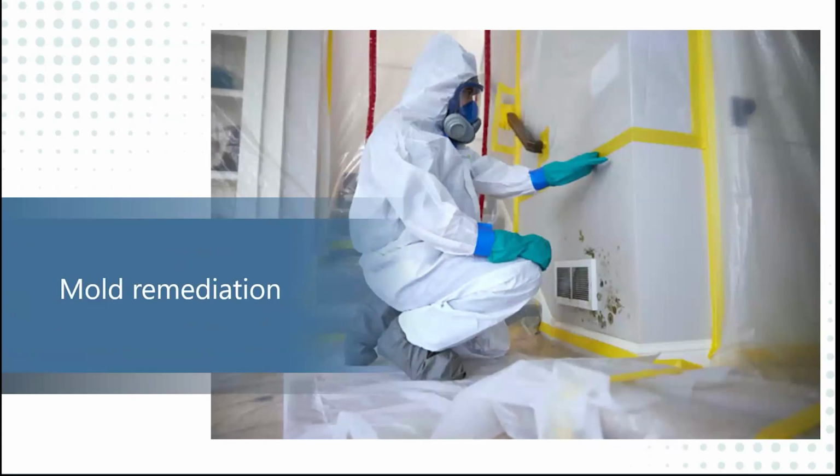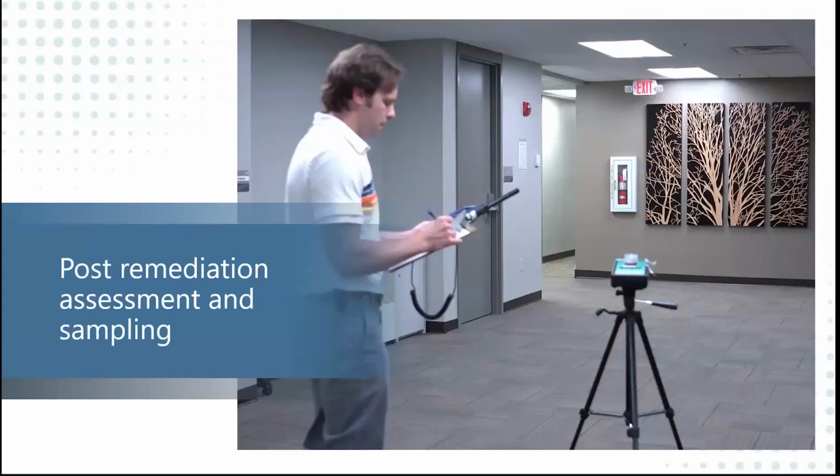So once you've got that far, once you've remediated the issue, we would recommend some follow-up sampling, some more air sampling, some more documentation, visual inspection, and really that is to document the efficacy of what you did, your response action. Is it cleaned up?